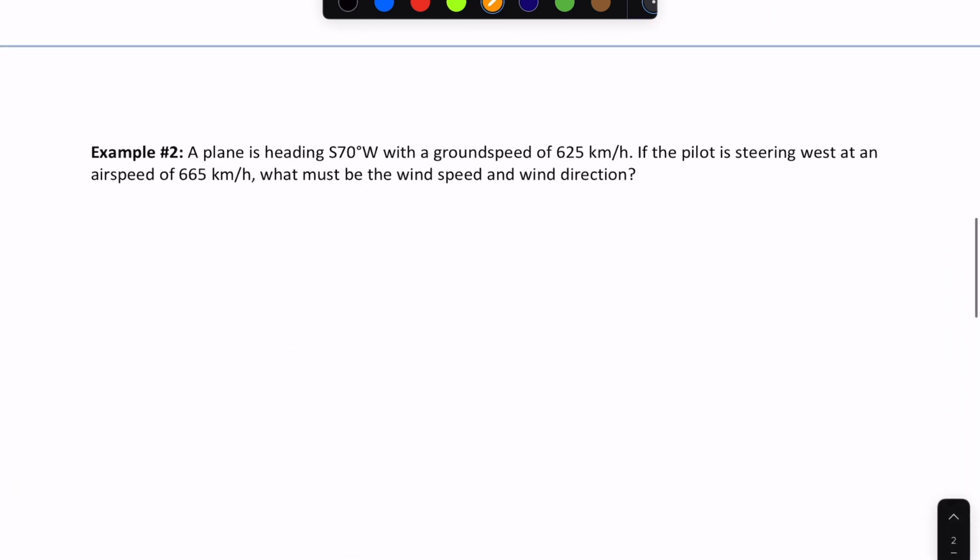Let's look at the second example. It says the plane is heading 70 degrees south of west with a ground speed, which is going to be our resultant vector, of 625 kilometers per hour.